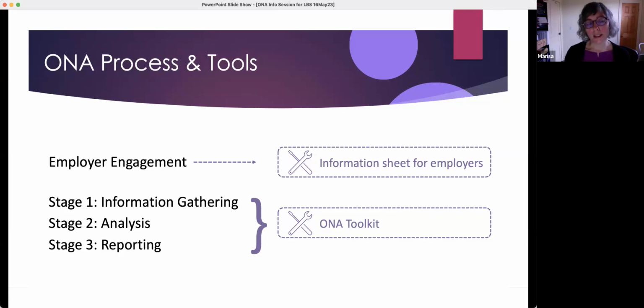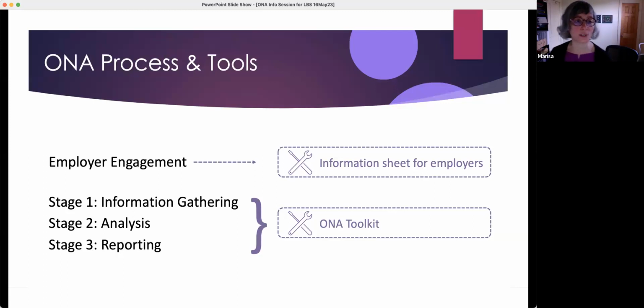What MTML did last year was develop resources to support each of these stages. So for employer engagement, MTML developed an information sheet that could be shared with employers to help them understand what an ONA is and what their role would be, as well as the benefits for the organization in engaging in this process and potentially having a workplace literacy program or referral to LBS providers as an outcome.